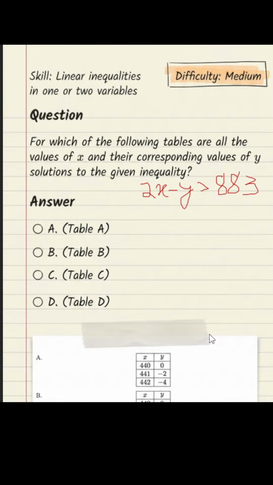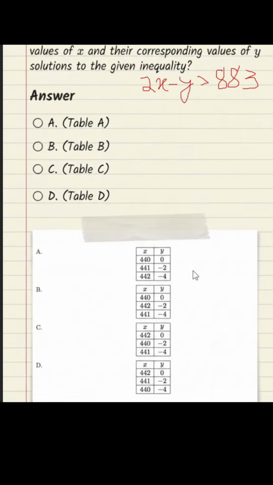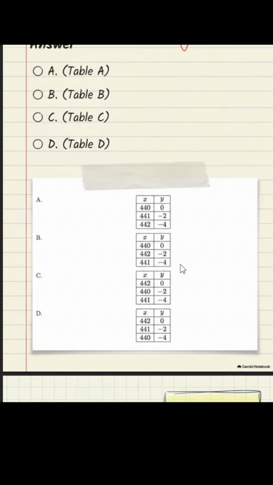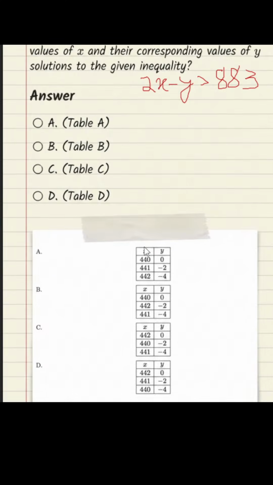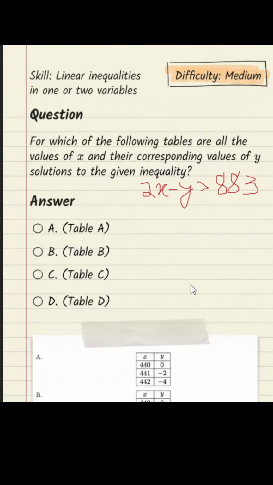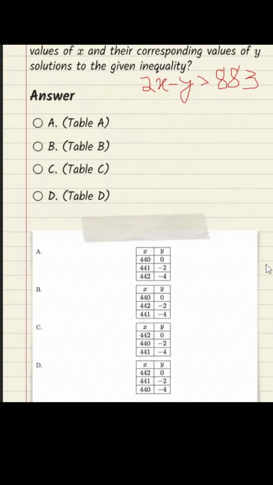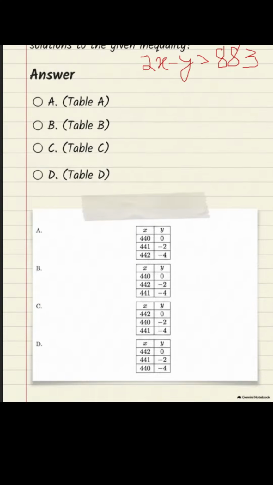And the question is that for which of the following tables are all the values of x and the corresponding values of y solutions to the given inequality. So this is the inequality, 2x minus y is greater than 883. So there are some xy values given, sets of xy values. So which of the options completely satisfies this inequality? So we have to find which of the following satisfies the inequality.